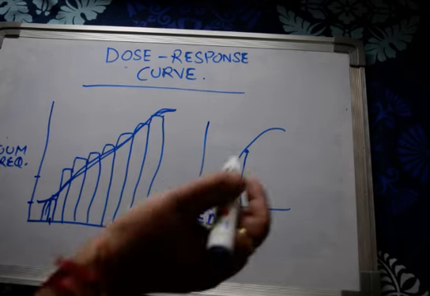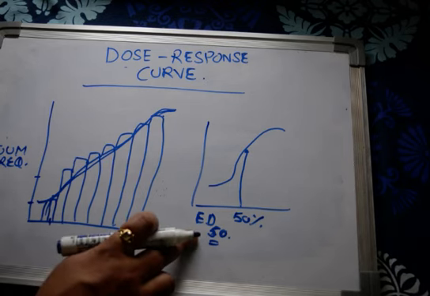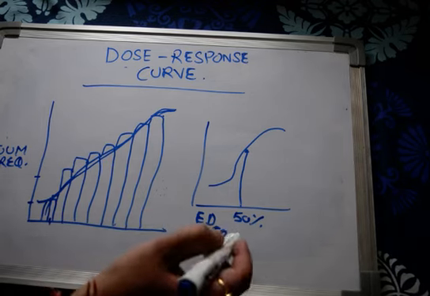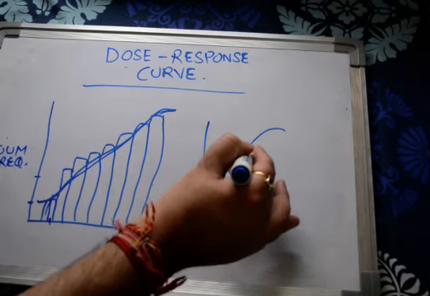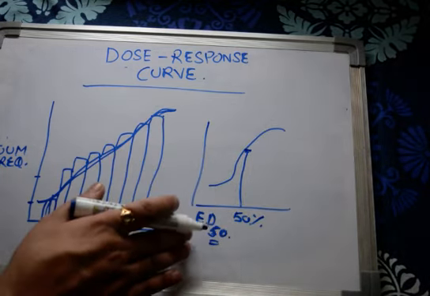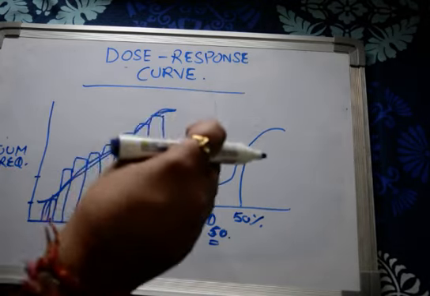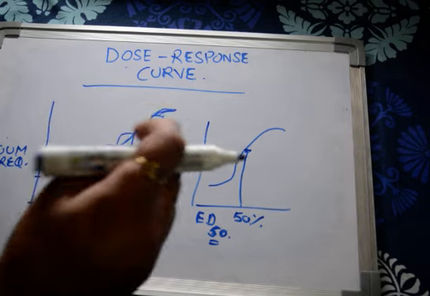toxicity, it could be lethal dose. Depending upon what effect we are seeing, if we are looking for effect or efficacy, 50% efficacy will be seen at this dose. It means that 50% of the population will have a benefit or that effect which we are looking for.